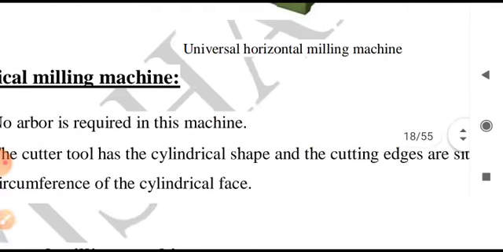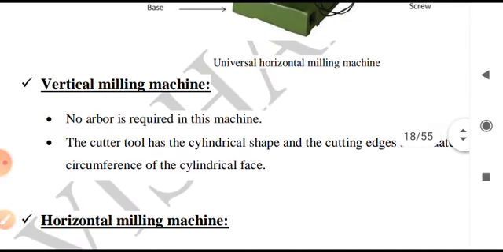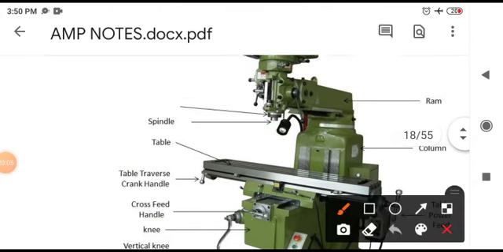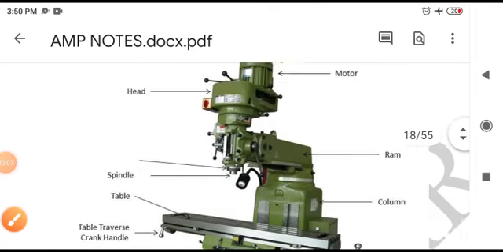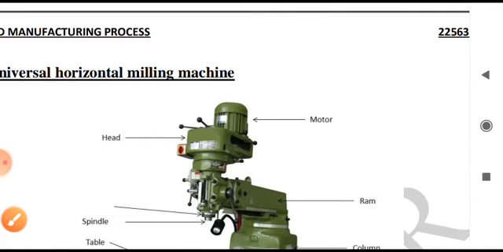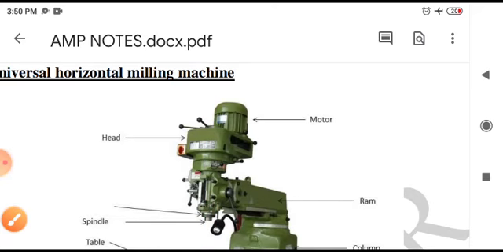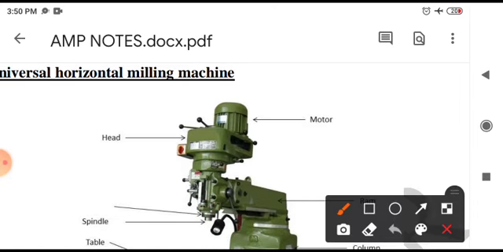Let's see what more is given about this vertical milling machine. No arbor is required in this machine. An arbor is a horizontal long hollow shaft, but this is a vertical milling machine. Why vertical? Because here you can see the axis of the tool is vertical, therefore this is called a vertical milling machine. Now what will the horizontal milling machine be?